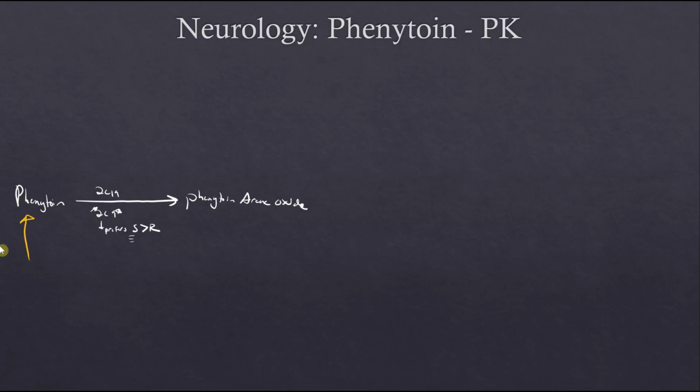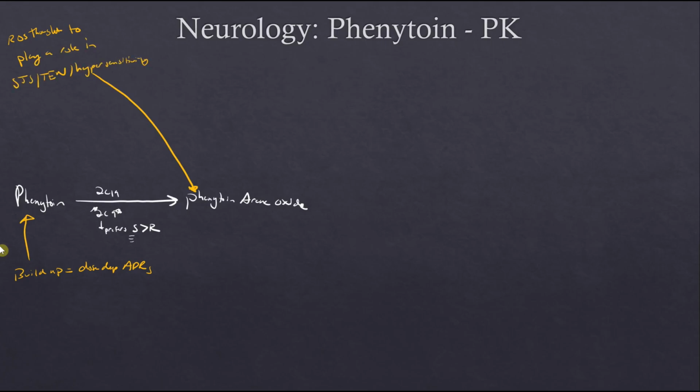And so if you have a buildup of the actual parent drug phenytoin, you have dose-dependent ADRs, and that's in comparison to the phenytoin-arene oxide, which is thought to be really a reactive oxygen species, which, at least hypothetically, plays a role in the emergence of drug-induced Stevens-Johnson syndrome, toxic epidermal necrolysis, or in general we call these hypersensitivity reactions, which is something we're always looking out for with phenytoin.